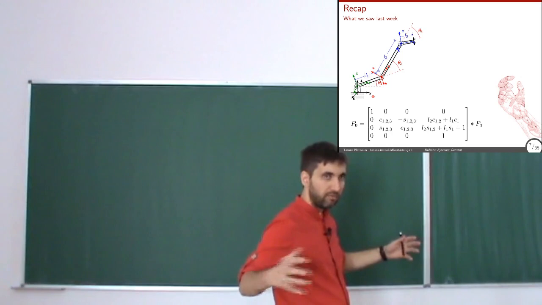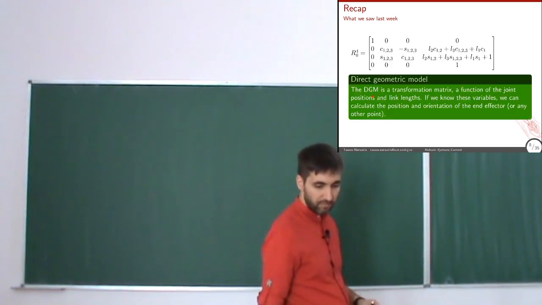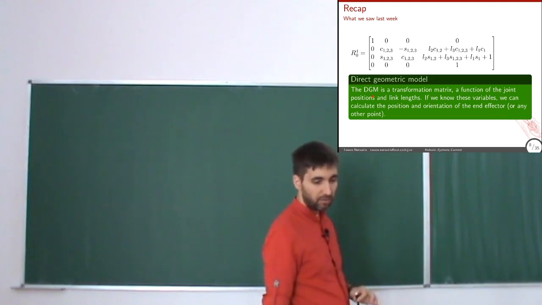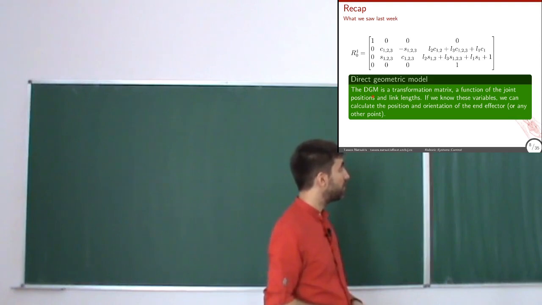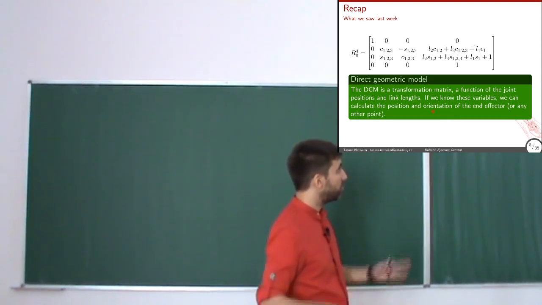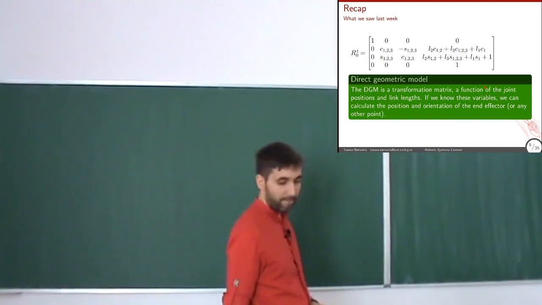And we define the overall one by combining all of them with multiplication. Okay, so this is the direct geometric model. It's basically a 4x4 transformation matrix, which shows us what is the position and orientation, or what we call pose, if we know the lengths and the values for the joints. Okay?